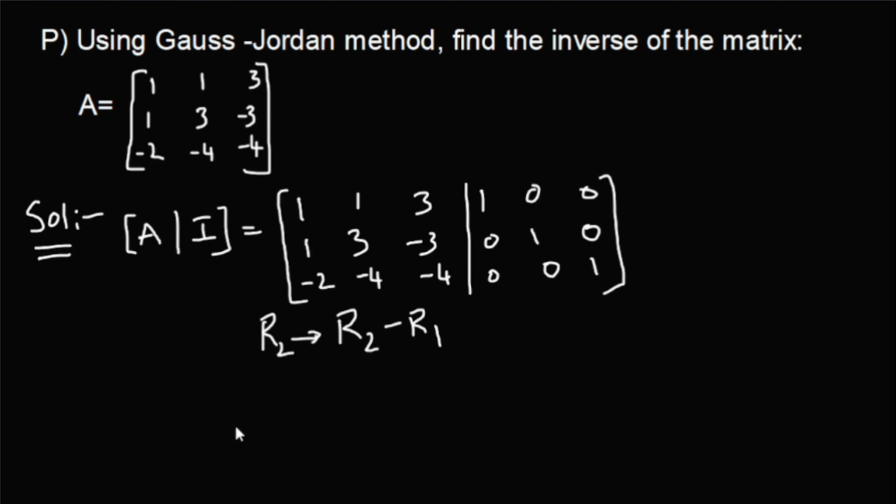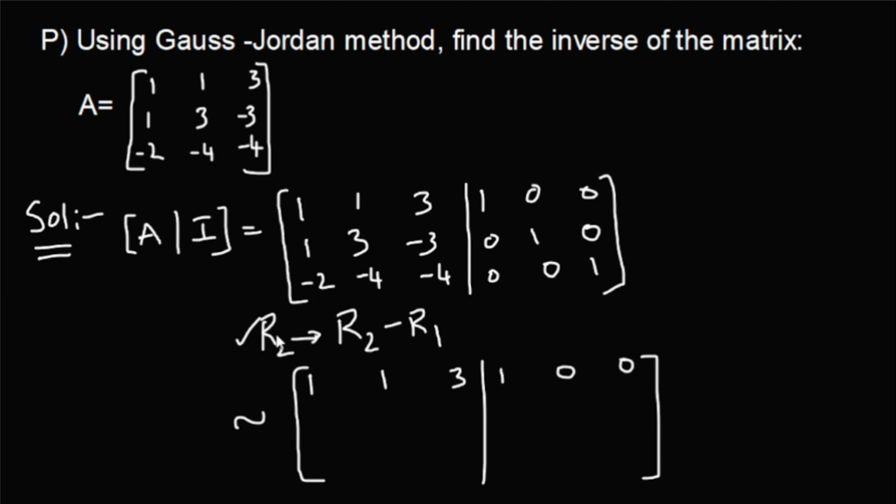So we are not going to make changes to the first row. I write the first row as it is: 1, 0, 0. Then R2 minus R1, subtract R1 from R2 and write it in R2.